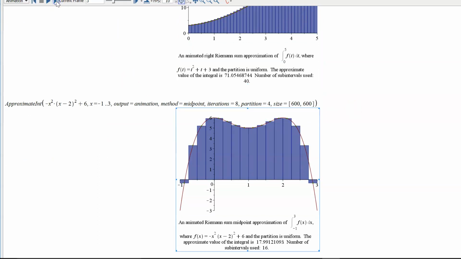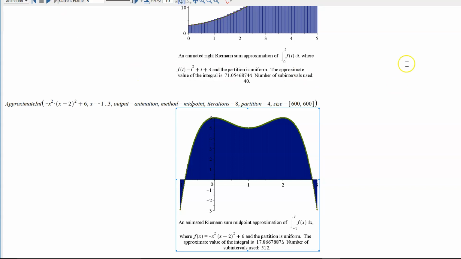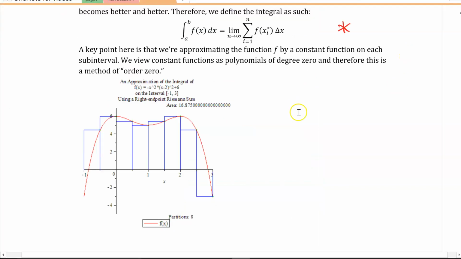If we increase the number of partition points, and notice our function can be above or below the x-axis, again, as we increase via that limiting process, we get the exact answer. So again, the limit definition is important. That's part of the graphical interpretation: it's the net signed area under the curve, or between the graph of the function f and the interval ab on the x-axis.